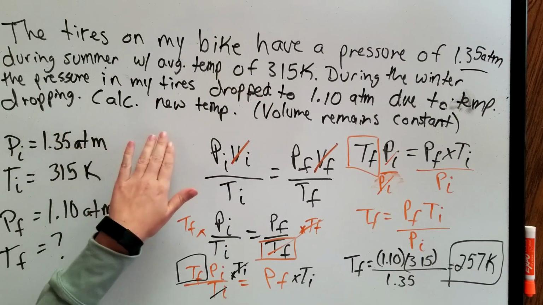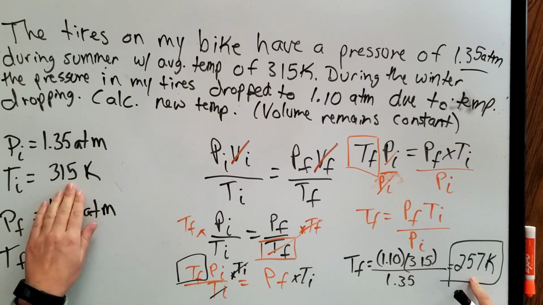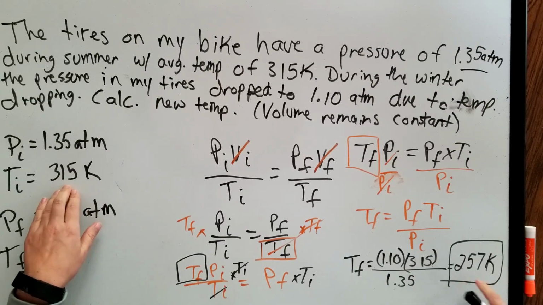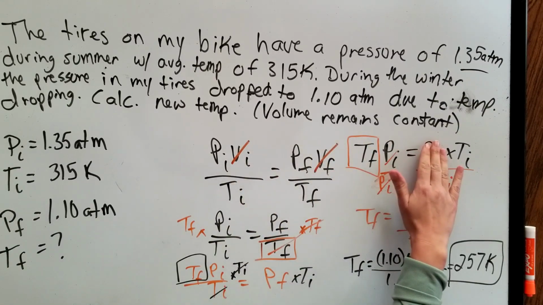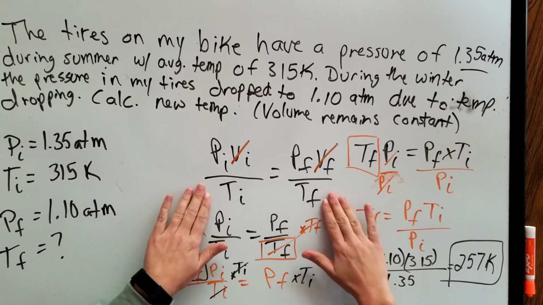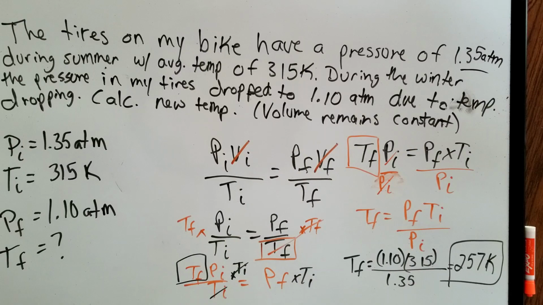So during the winter, we would expect the temperature to go down. Did it? Yes, it did. It went down from 315 in the summer down to 257 in the winter. So the key with this problem is recognizing that the volume remains constant and that you can use this equation and take out the volume piece because it remains constant. It'll be the same on both sides of the equation.